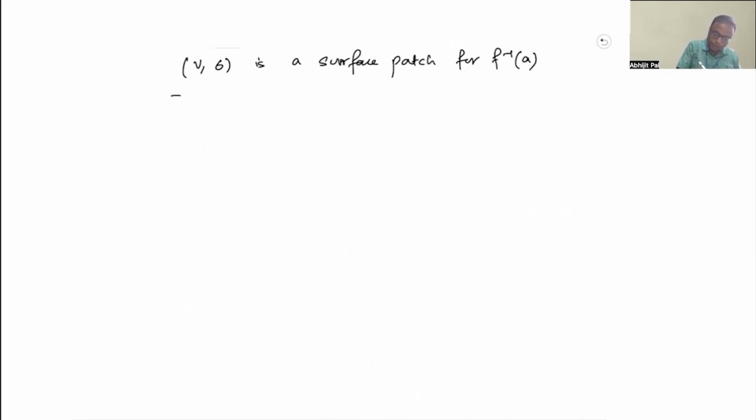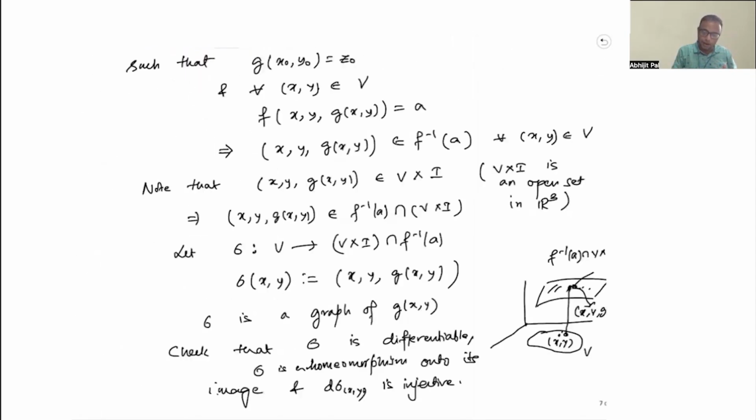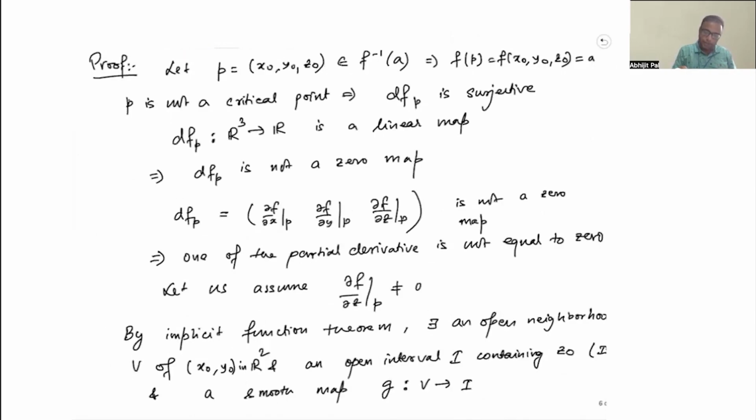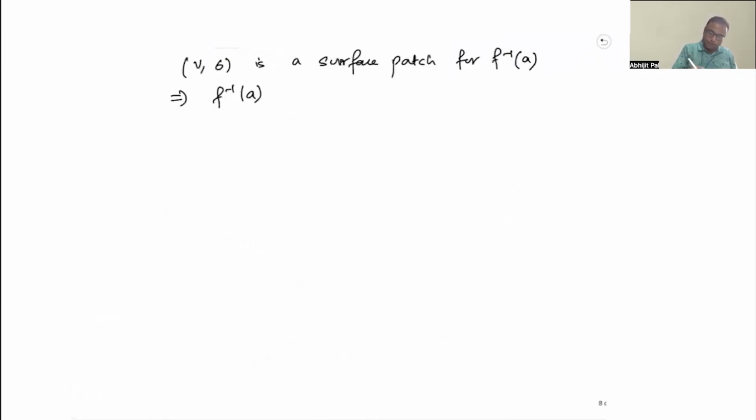We have taken an arbitrary point P in f inverse a, and you can do it for every point. So this f inverse a is a regular surface.